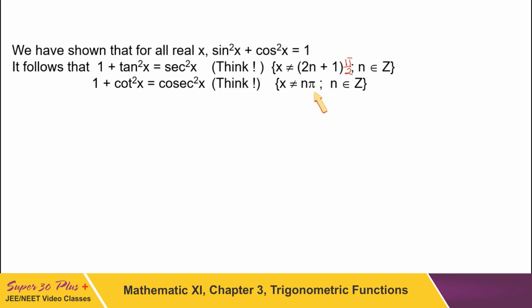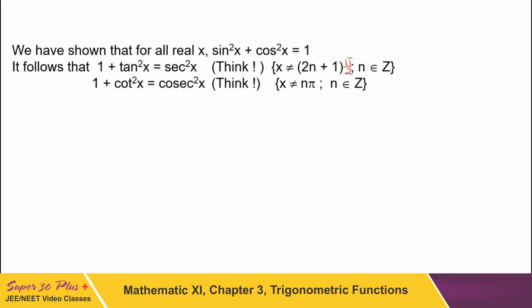It is so easy because tan and sec contain cos x in the denominator and it will never be 0. That's why x is not equal to (2n plus 1) pi by 2. And similarly here in the denominator there is sin x.